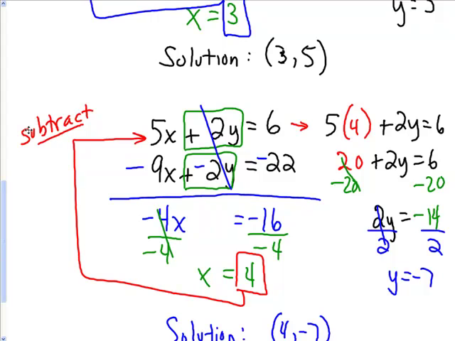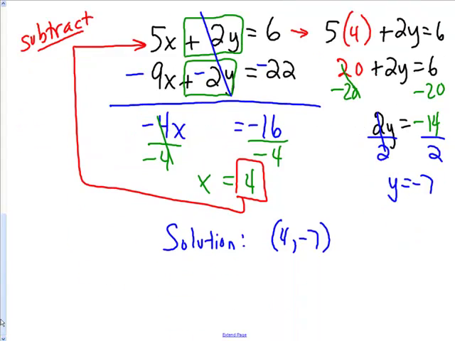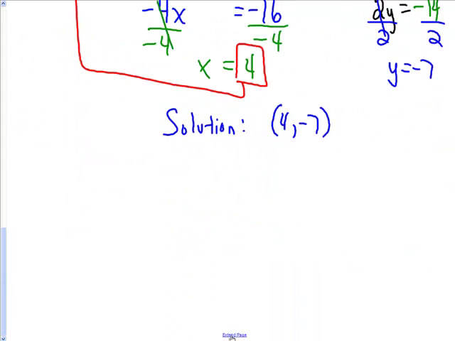Let's look at one in which we have two negative terms. 3x minus 5y equals negative 35.